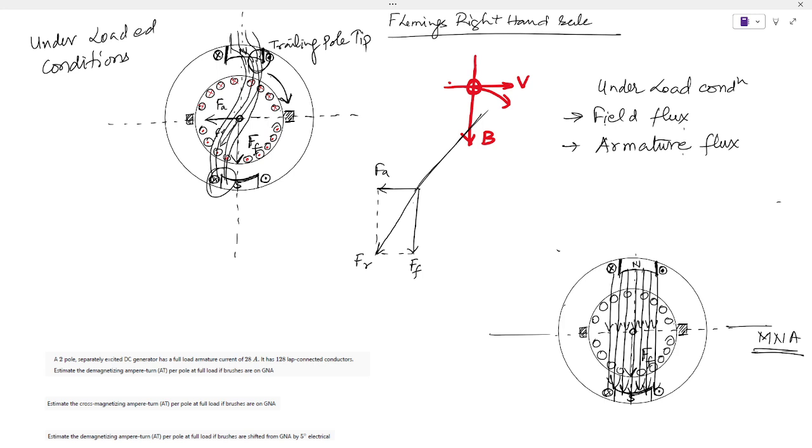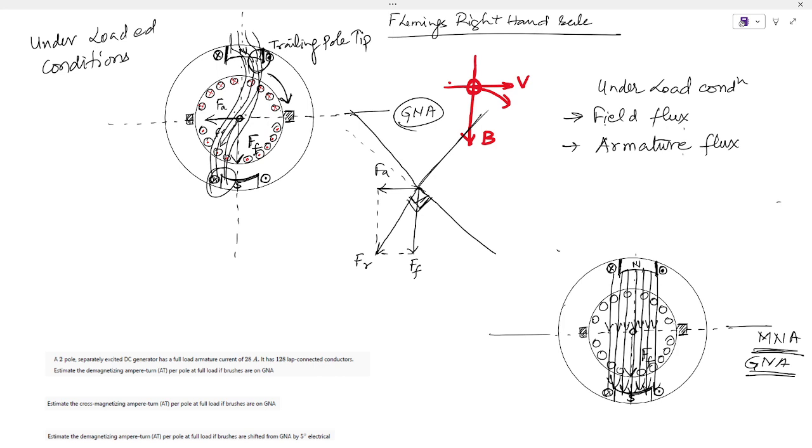So now your MNA will be shifted such that this is 90 degrees. Getting or not? Yes, sir. Initially MNA and GNA, the geometric neutral axis, were coinciding. Now the geometric neutral axis is here, where the brushes are placed.